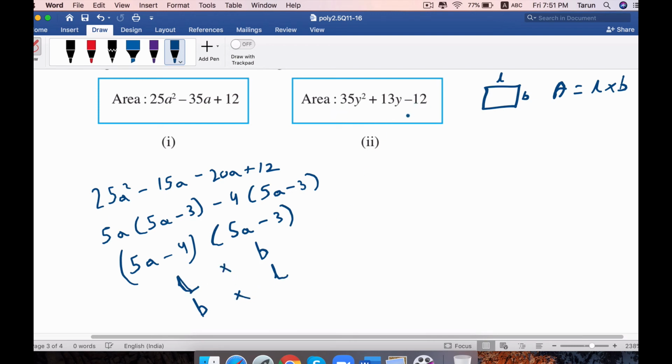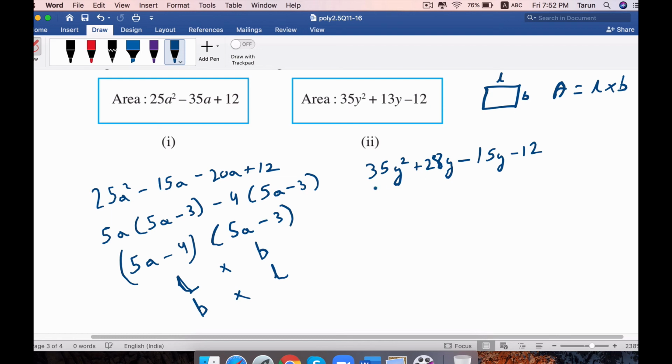Moving to the next part, again you need to factorize it. So the factors here, when I split, can be 28 and 15, because 28 minus 15 will give me 13, and when we multiply them, we get 420. So let's solve it. 35y square plus 28y minus 15y minus 12.